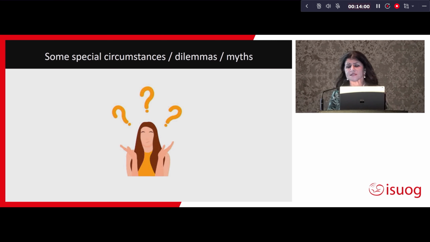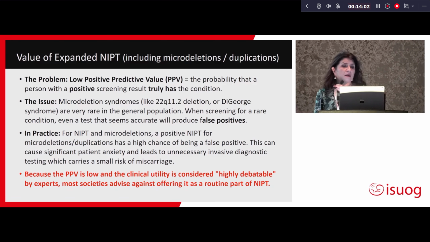There are some special circumstances a lot of people ask about. The first one being, what is the value of the expanded NIPT? Well, I'll just explain to you that most experts in societies advise against offering it as a routine test. I feel very strongly about this. We get many patients coming back with a positive expanded NIPT, which causes a lot of anxiety.